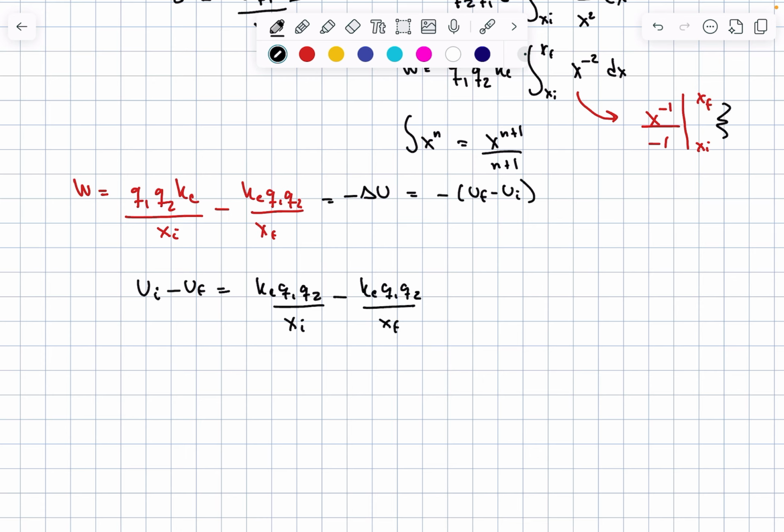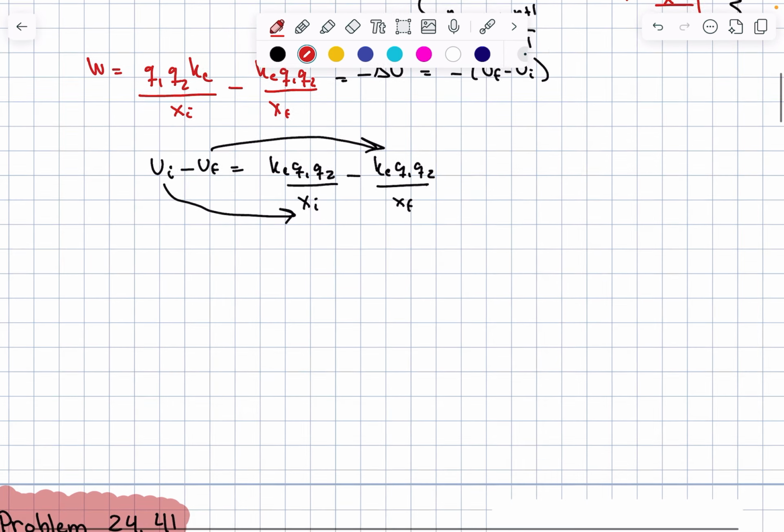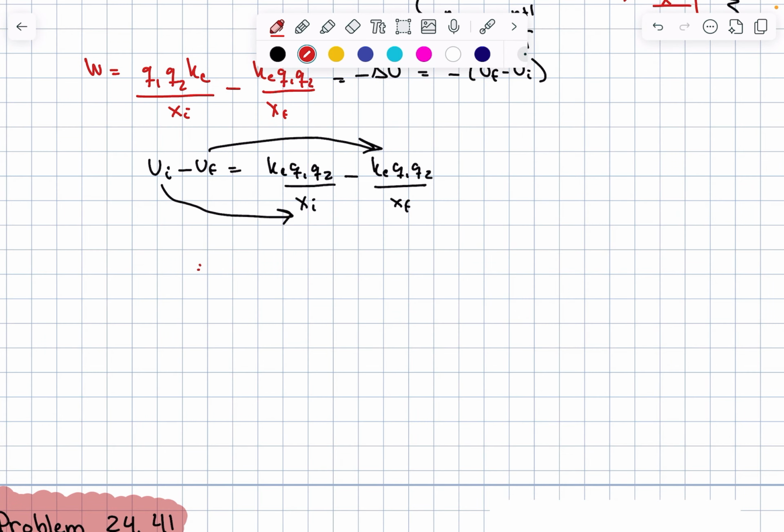We can see that this is U initial and this is U final, where U is the electric potential energy. That means the electric potential energy can be defined as K Q1 Q2 over r, where r is just some arbitrary position. Okay, so this is what U is.